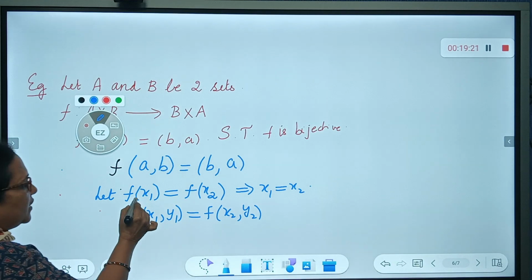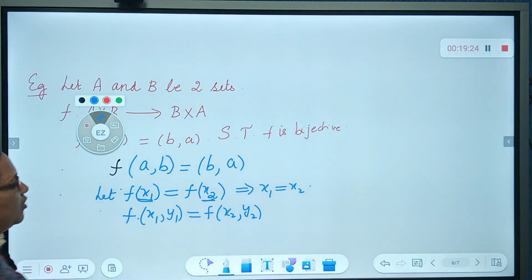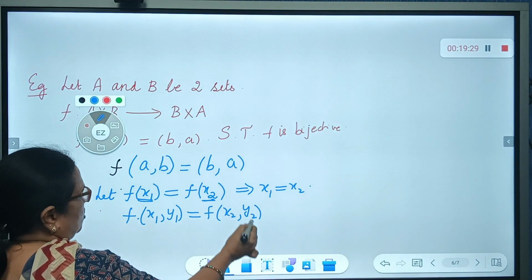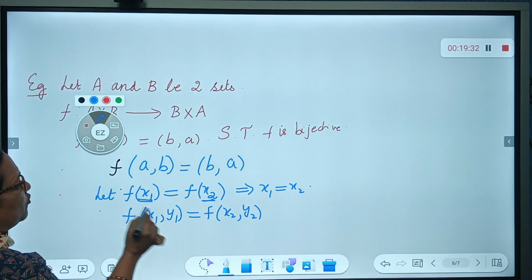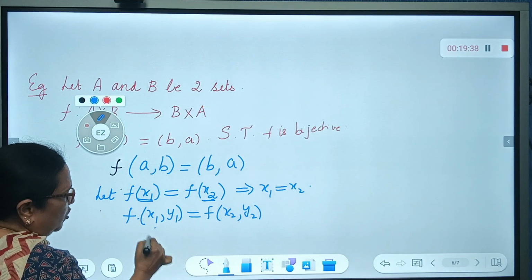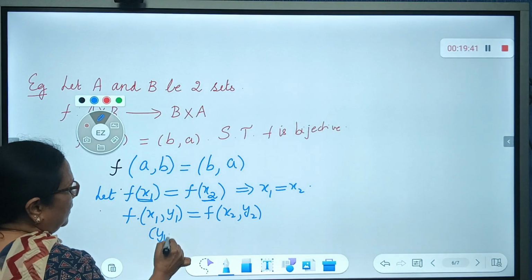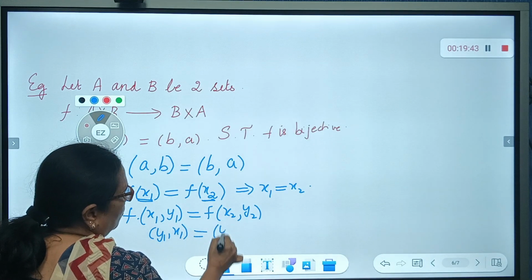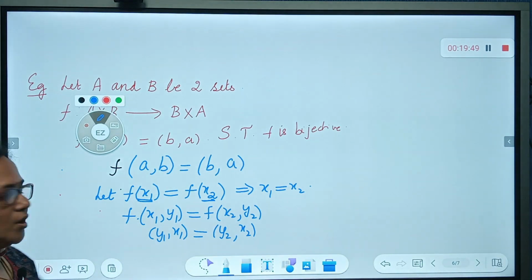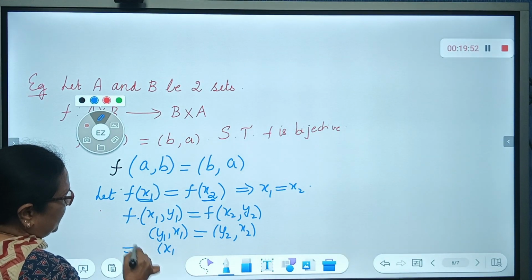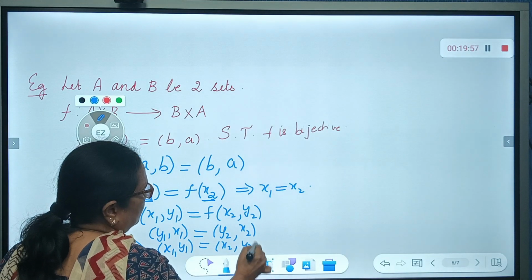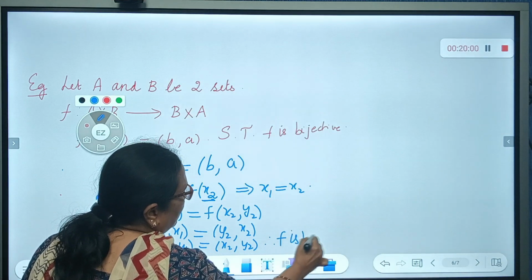But here x1 and x2 are ordered pairs. Now if I apply f, it interchanges the elements of the ordered pair. So from here you will get (y1, x1) equal to (y2, x2). If (y1, x1) is equal to (y2, x2), we know that this implies (x1, y1) is equal to (x2, y2). Therefore, f is 1 to 1.